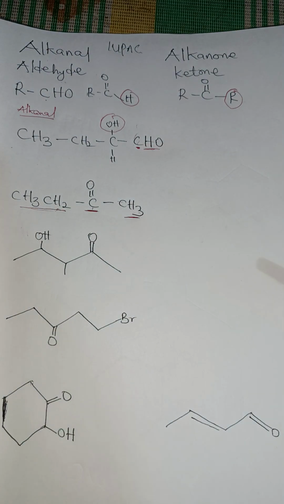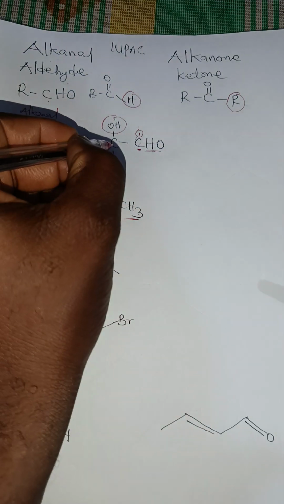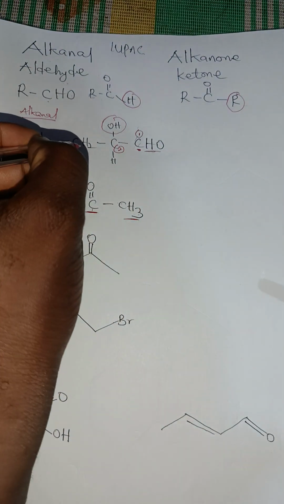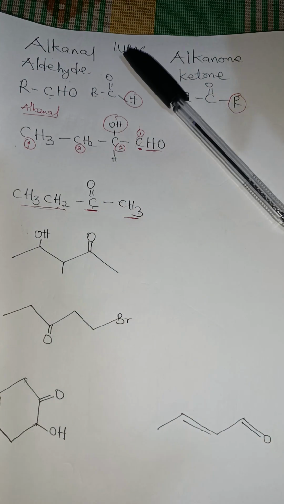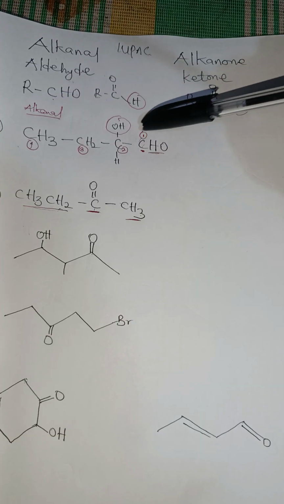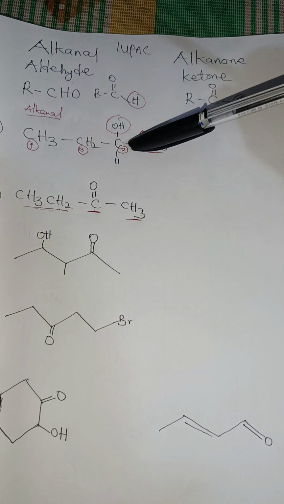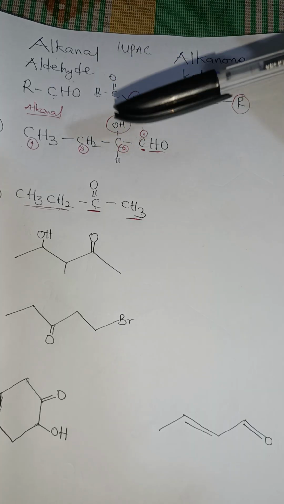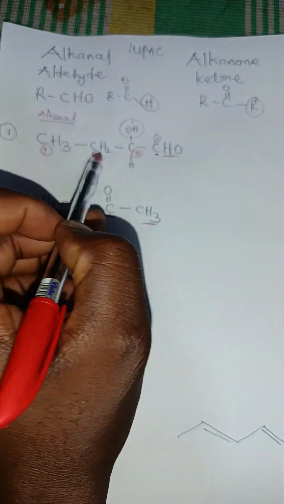So anytime you are naming that, you start counting from that carbon. So you start with 1, 2, 3, then 4. And that is why alkanal is always in position number 1. So alkanal does not undergo positional isomerism, because it's always in position number 1. So 1, 2, 3, 4.